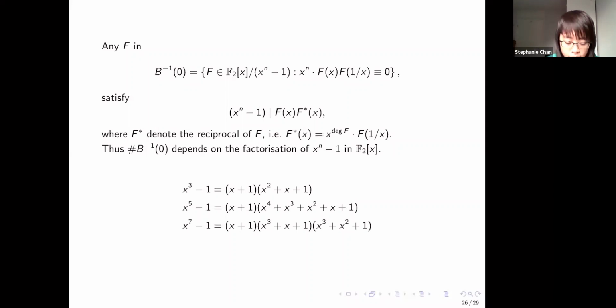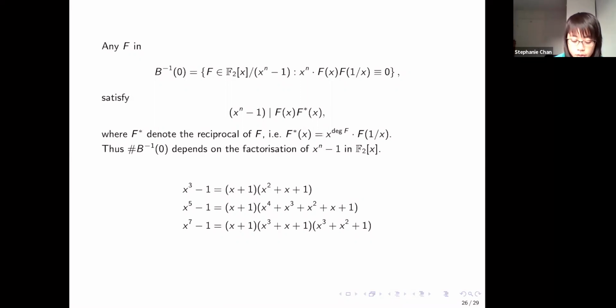Okay, so for example, if we look at degree 3, we're finding polynomials f so that f times f inverse is divisible by x^n minus 1. We can factorize x^n minus 1 and look at these factors and see how we can put them into f.